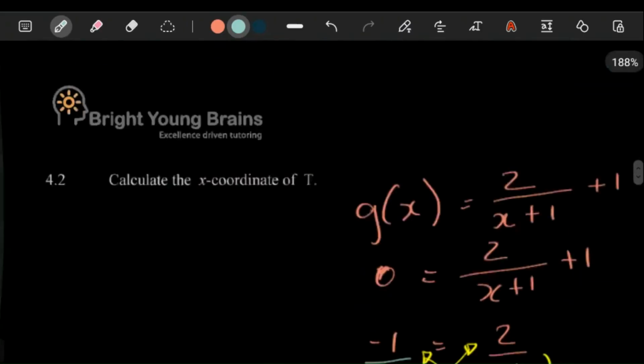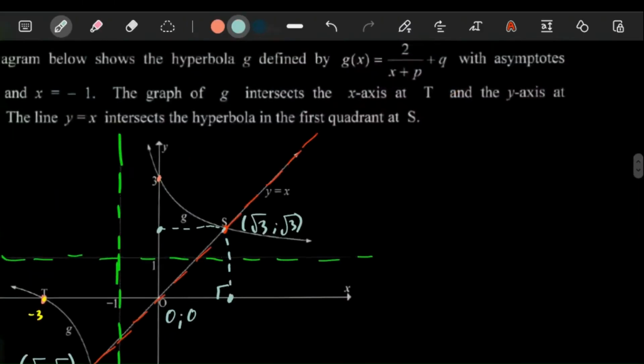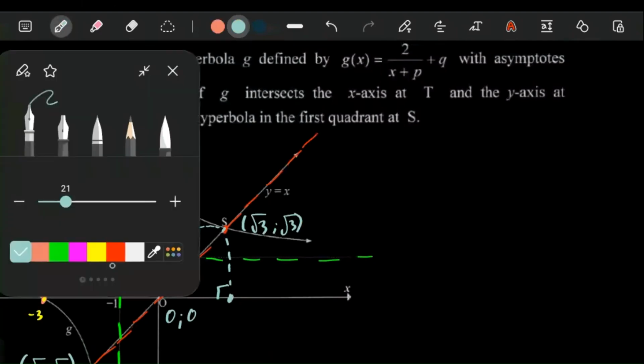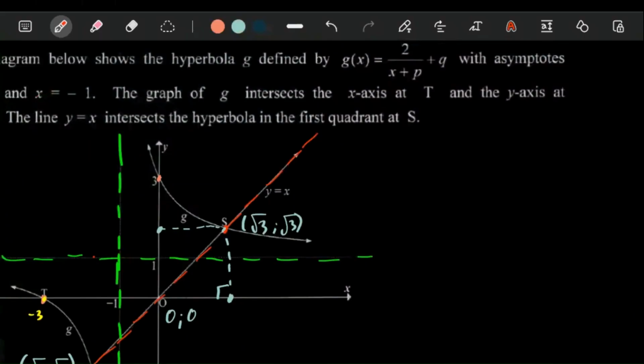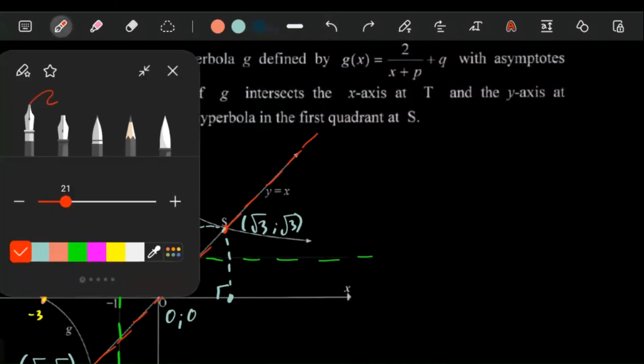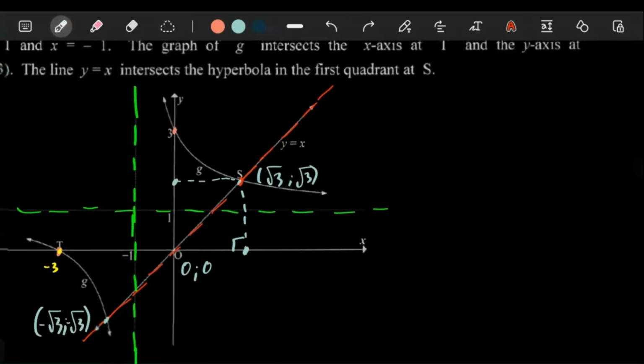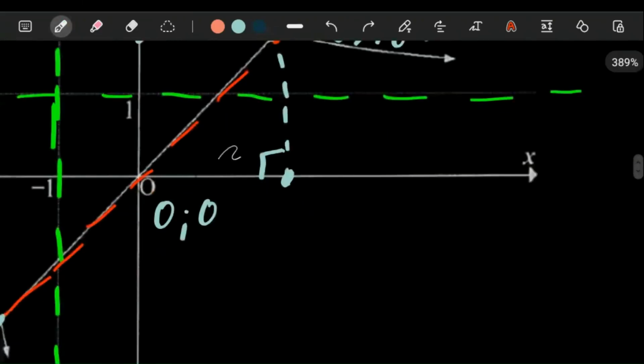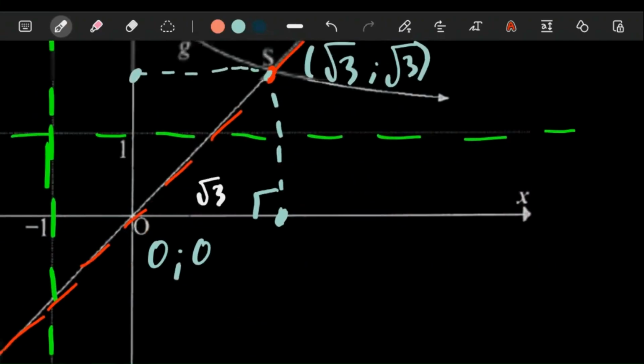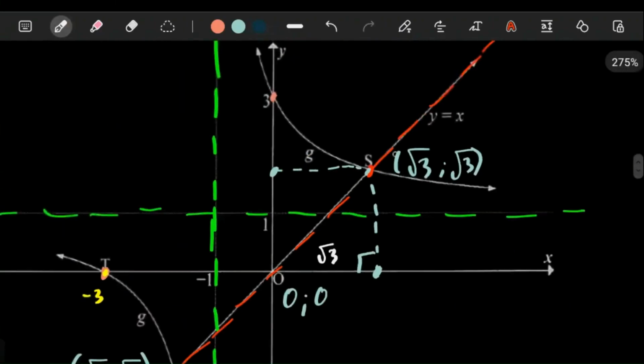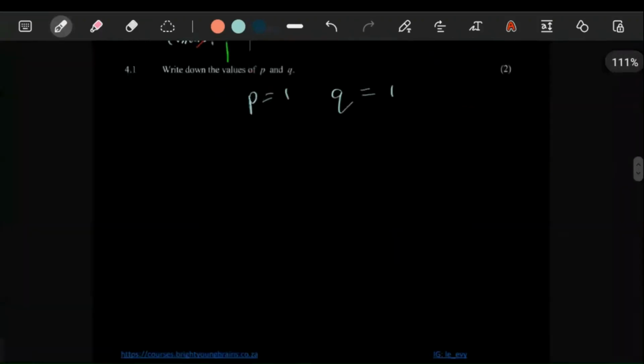If you're going to get the distance of OS, you can use the distance formula, or just Pythagoras, because what you already know is that the distance from here to there is the square root of 3. The distance going upwards is also the square root of 3.